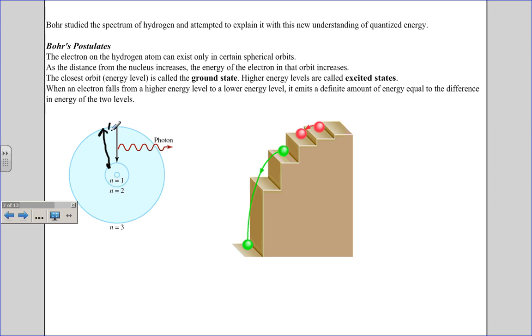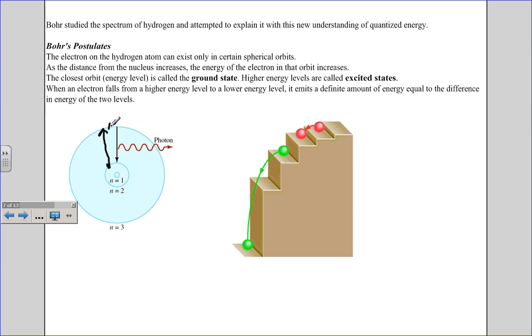In this case, the third ring. So when the electron was down here, if it was its lowest energy state, that would be its ground state. But once it's promoted into a higher energy level, this atom is now in its excited state. This is a very high energy state. The atom doesn't want to stay in this excited state.